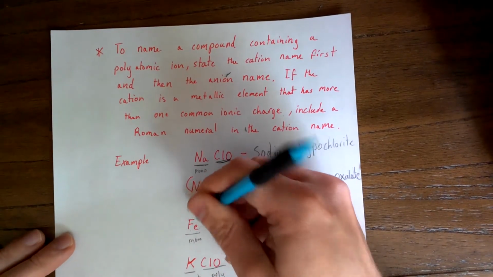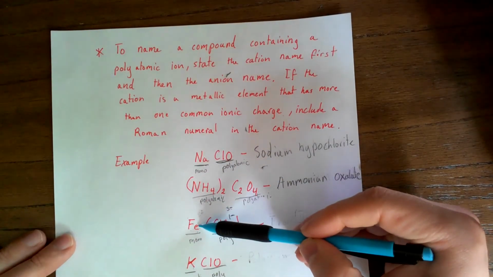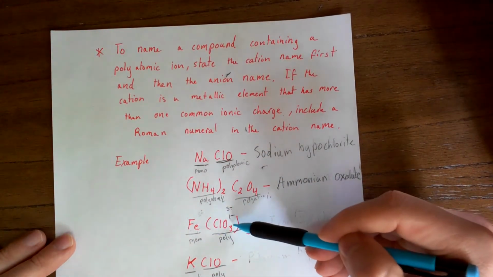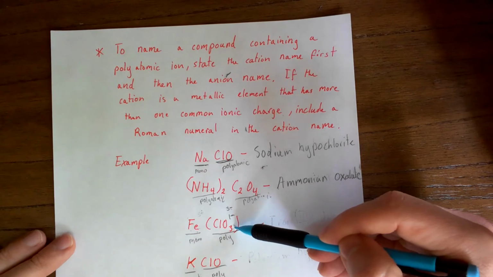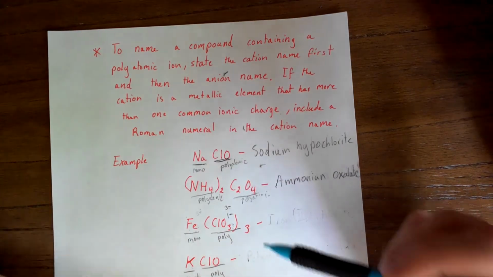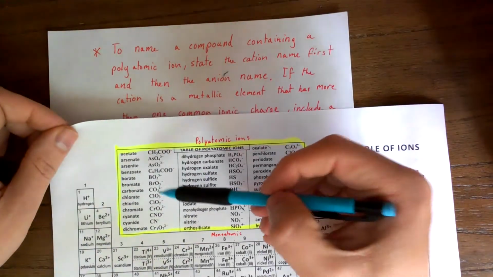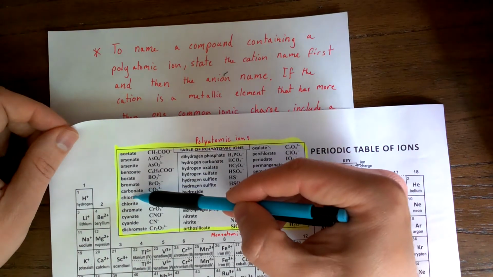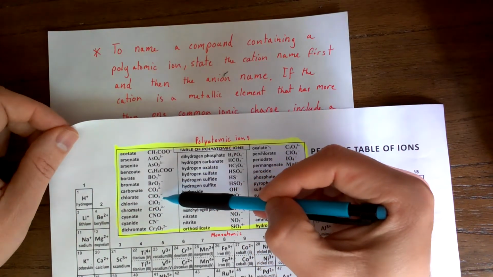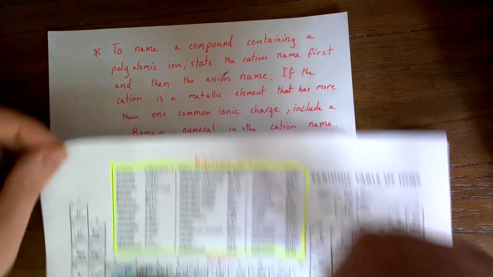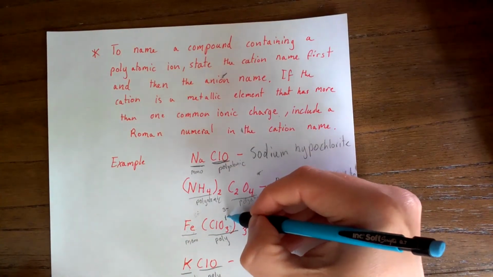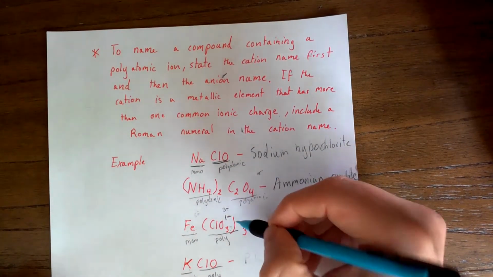I'm going to erase this because I did this previously. What is the charge of this iron? Well, in order to do that, we need to find what the ClO3 charge is. ClO3 is right here. The name of it is chlorate, and it has a 1- charge. So I'm going to write 1-, or just a negative sign.